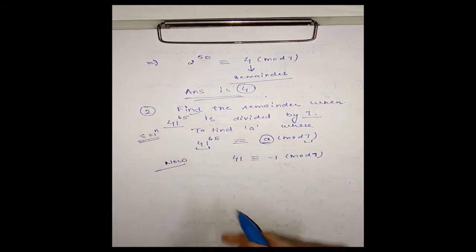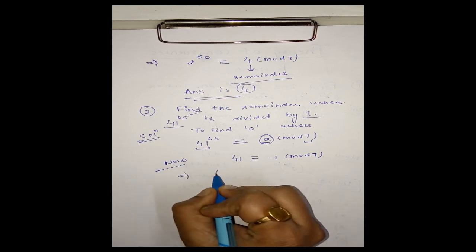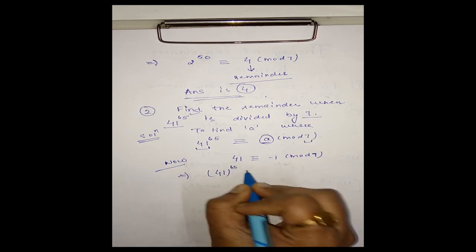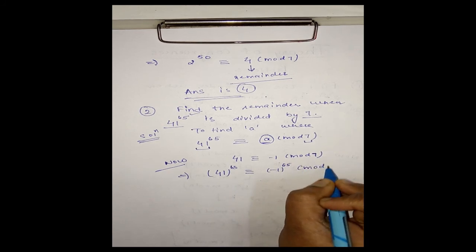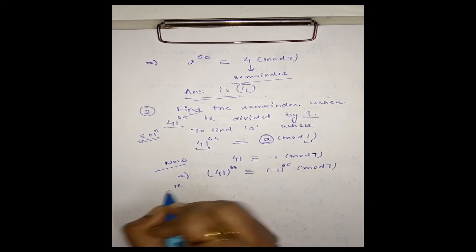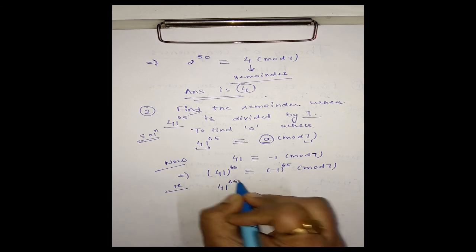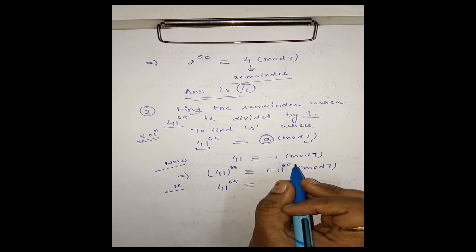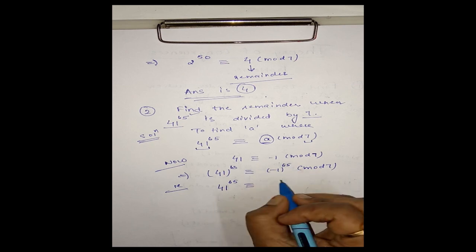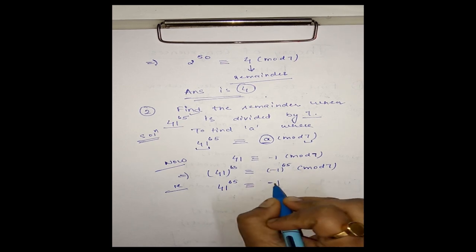Taking k to be 65 here, this will imply 41 power 65 is congruent to minus 1 power 65 modulo 7. And this will give us 41 power 65 is congruent to, since 65 is an odd number, minus 1 to the odd power will give us minus 1 only.